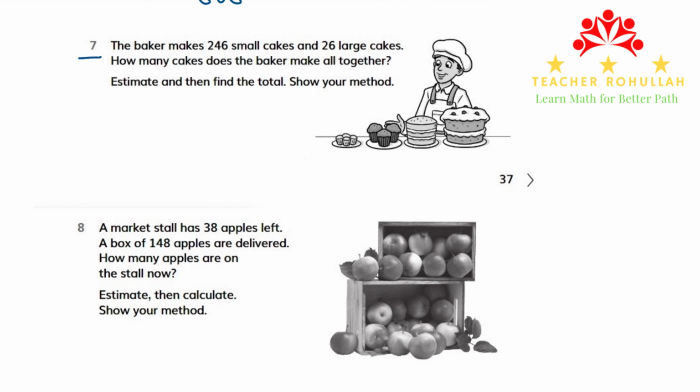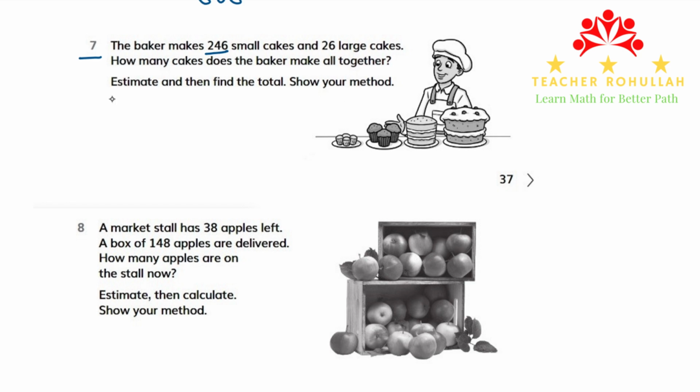In question number 7, it says, the baker makes 246 small cakes and 26 large cakes. How many cakes does the baker make altogether? Let's see what else it's asking us to do. It says estimate and then find the total. Show your method.